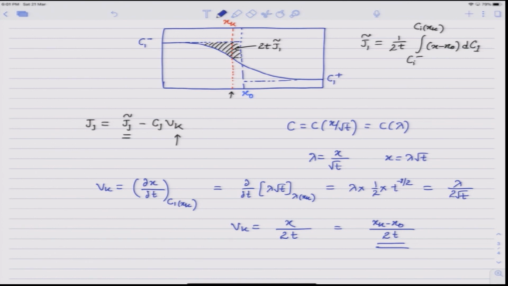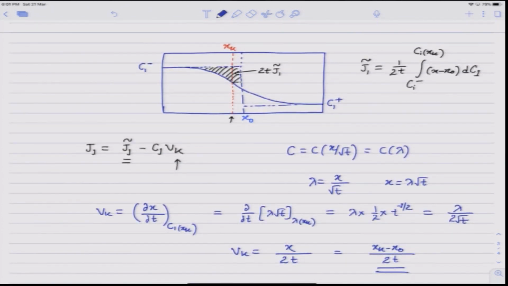So by determining the position of marker plane with respect to the Matano plane, we can find out the velocity of marker or the Kirkendall velocity Vk.